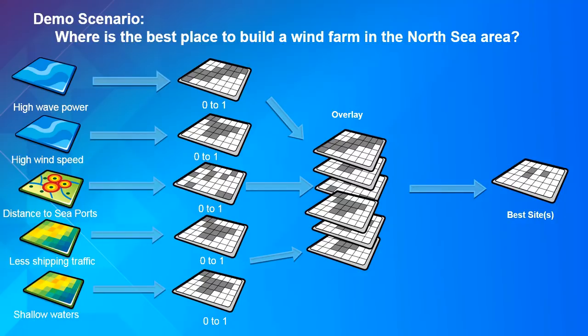The wave power is measured in one unit, the distance to seaport probably in kilometers, and the water bathymetry probably in meters, and we can't really compare these. They're in different scales, different units. So we have to go through a reclassification step that reclassifies and rescales them into one scale.